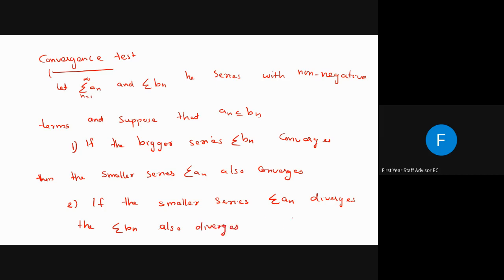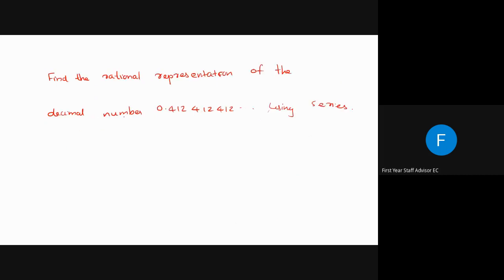Okay. an less than or equal to bn is given. That means all terms in bn are greater than an. This means a1 is less than b1, a2 is less than b2.